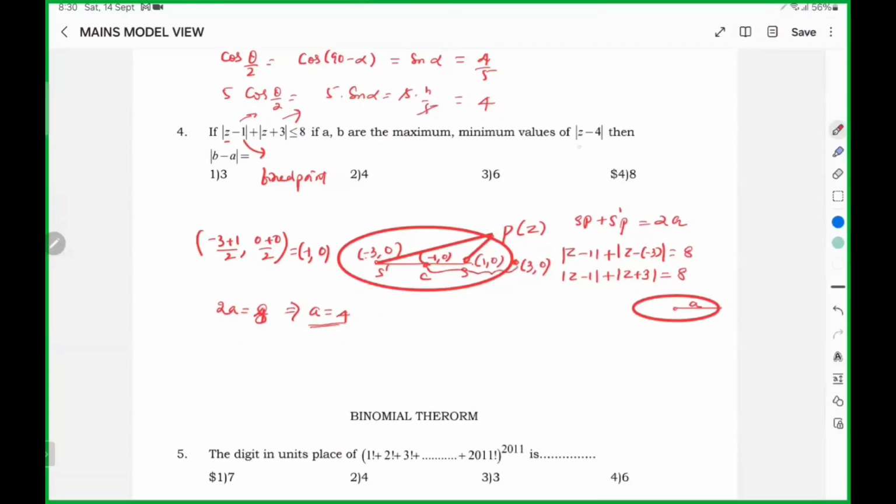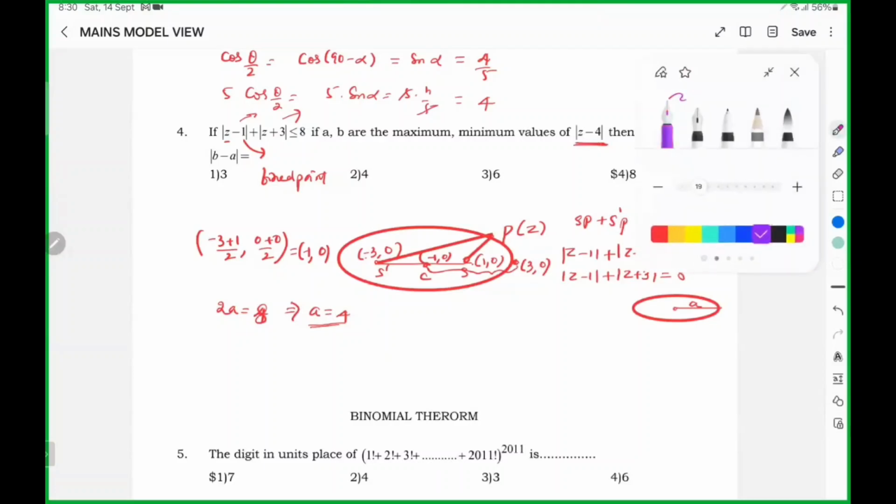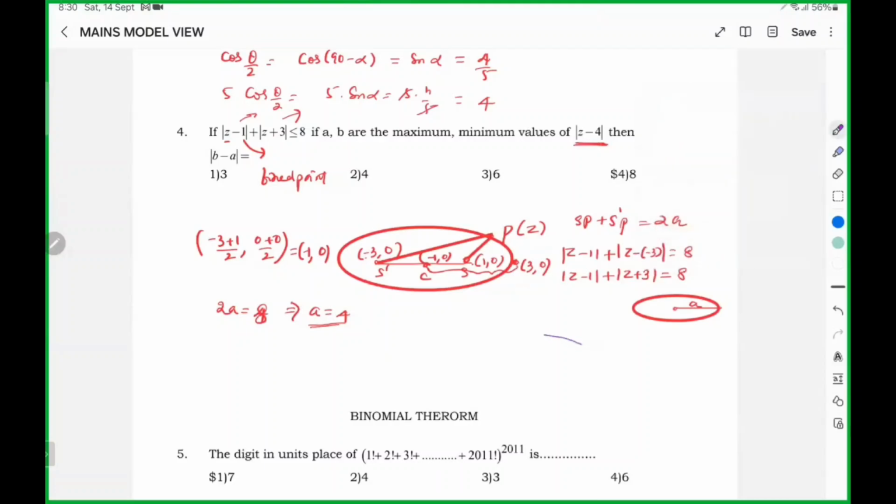But he is asking the maximum and minimum value of z minus 4. So now we got an idea what it geometrically represents. This is the major axis. Here it is 3. Four will be somewhere here.